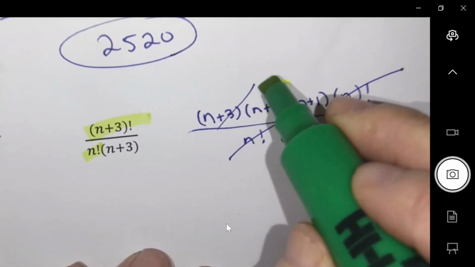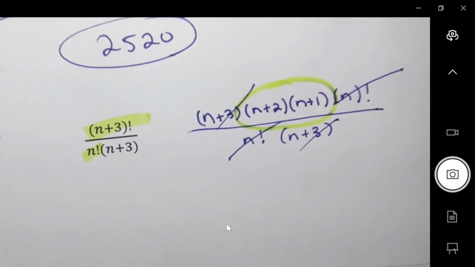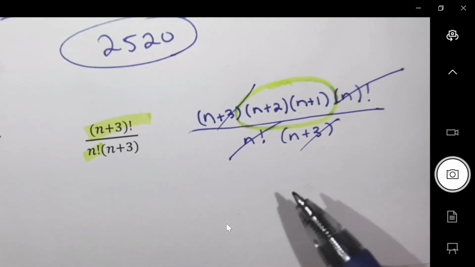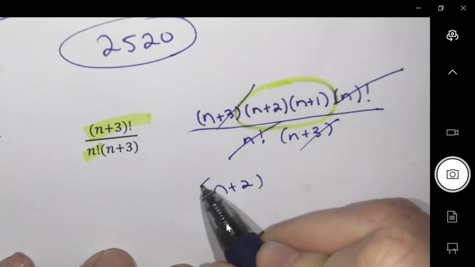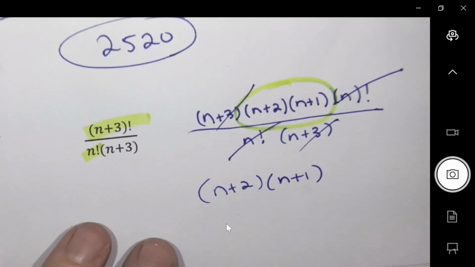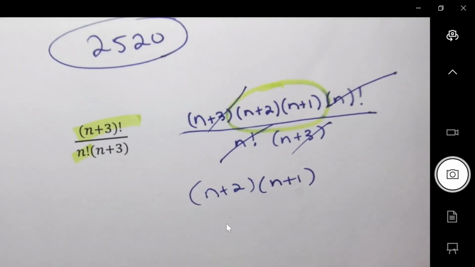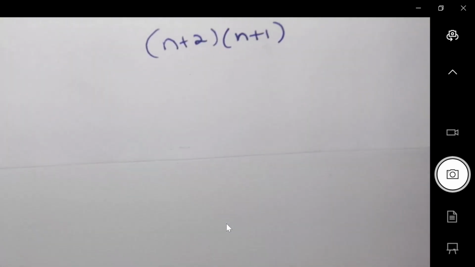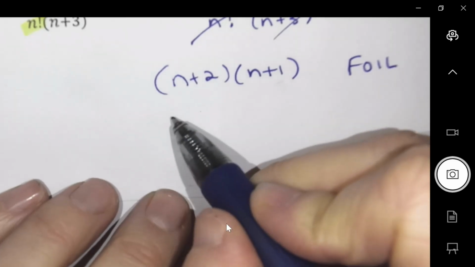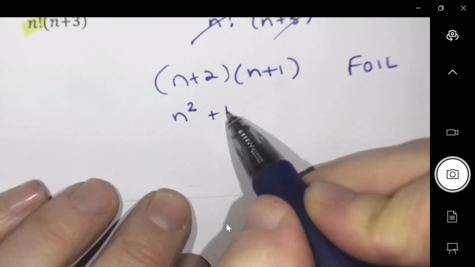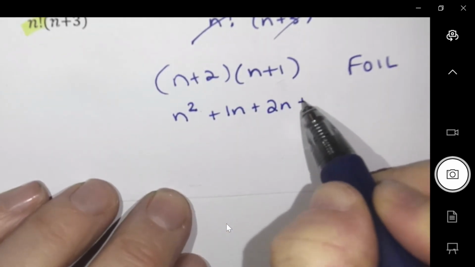What will you do in math when you have something that looks like that beside each other? What do you have to do in this case? How do you times those together? What's the system? FOIL. So first, outside, inside, last.